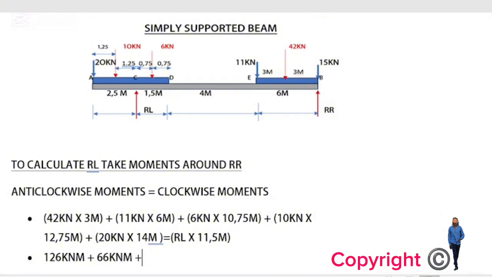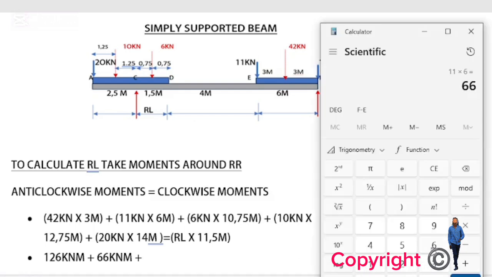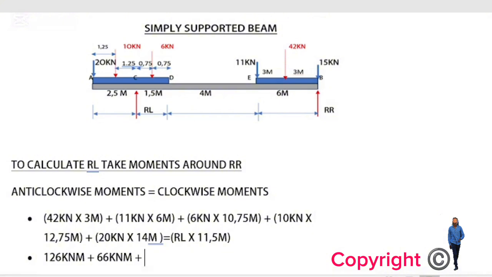Then plus 6 times 10.75 equals 64.5 kilonewton meters.